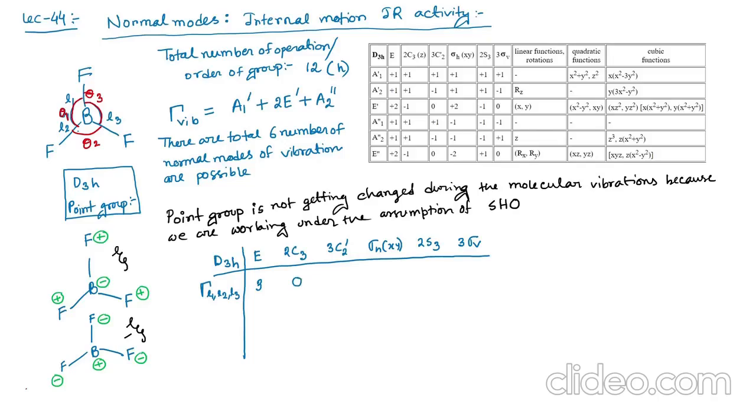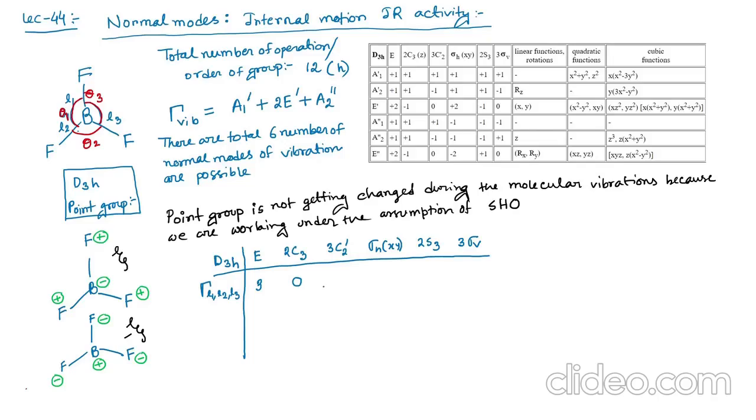What about C2'? During each C2' operation, the B and F along that bond are going to be the same. Suppose we are considering only L1, and the C2' is going through the BF containing the L1 bond. Now you will see that L1 is not going to change, but L2 and L3 are going to interchange their position.